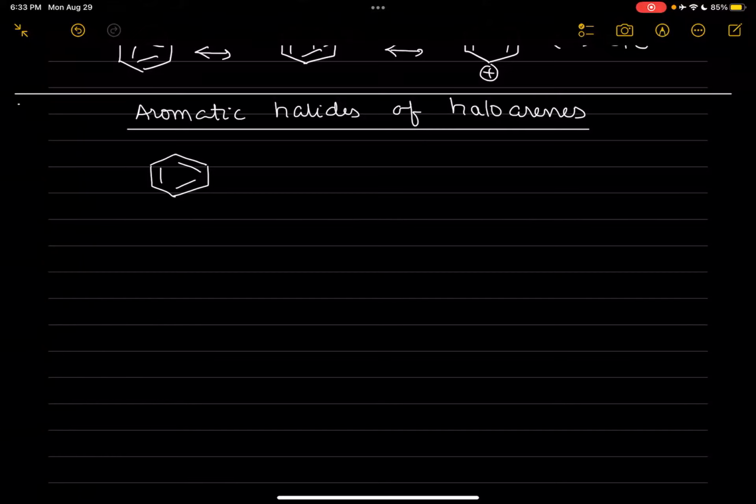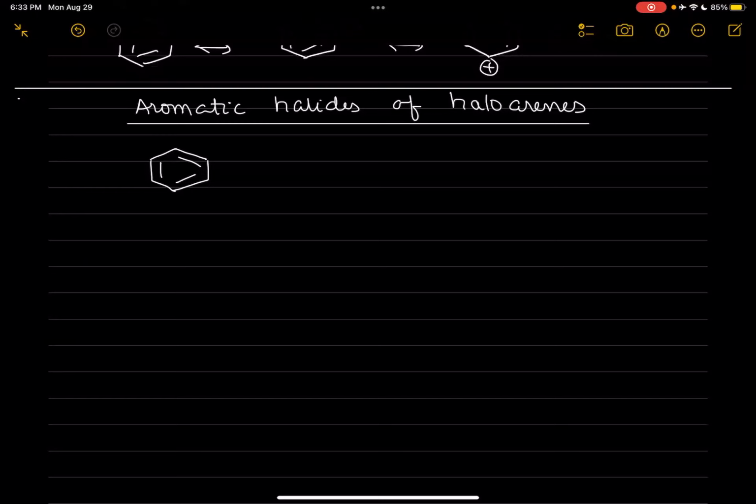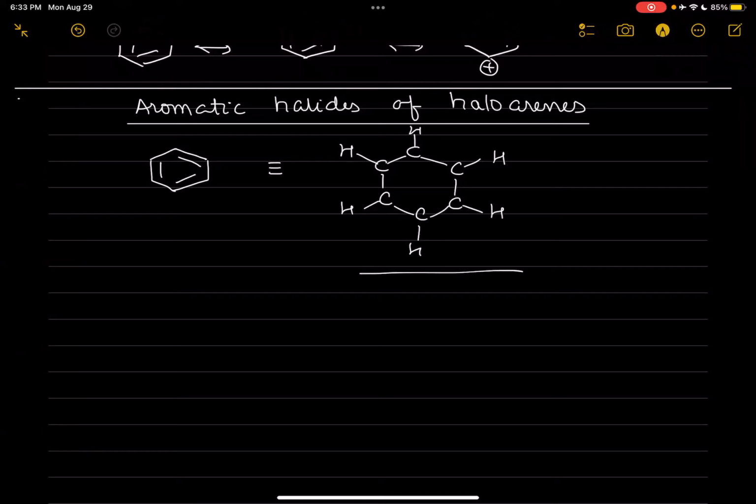So this is actually an aromatic group, and the most common aromatic group. What is its name? Can any one of you tell me? Benzene. Yeah, it is benzene. So this is not benzene. You need to put alternate double bonds, then it will become benzene.